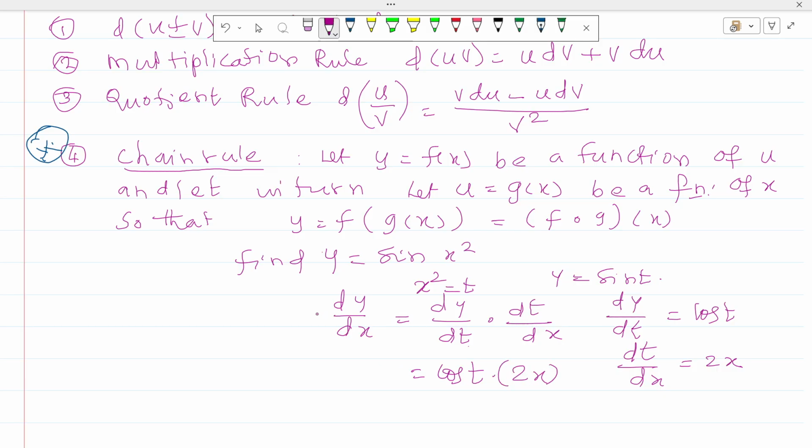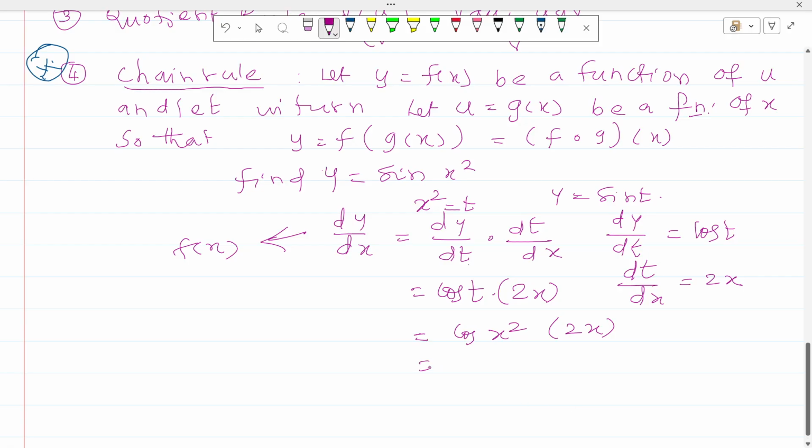But if you are finding dy by dx, it should be a function of x, it should not be a function of t. Therefore, once again substitute the t value: cos x square into 2x. So that means 2x cos x square.